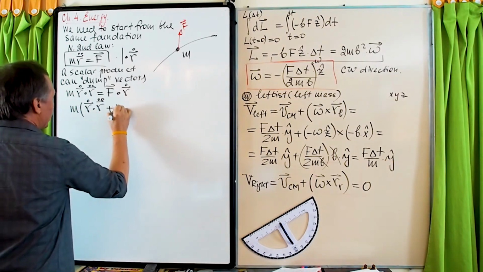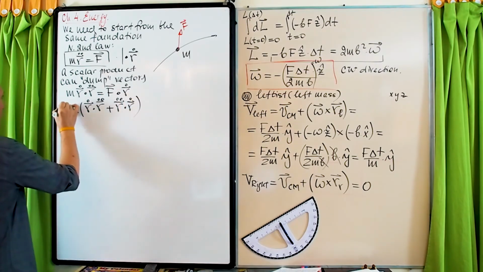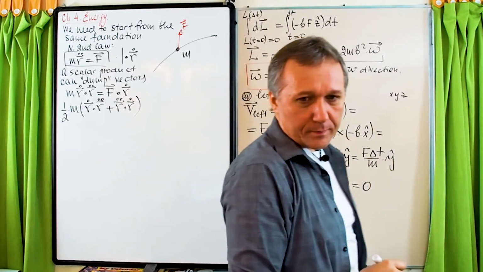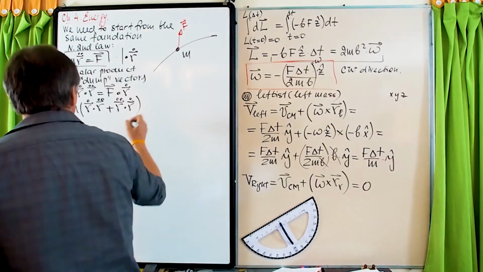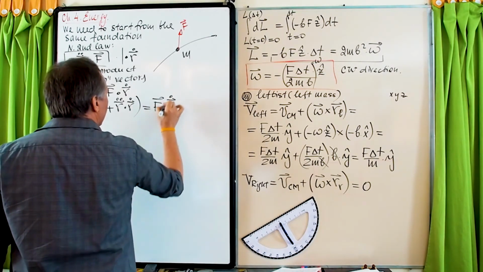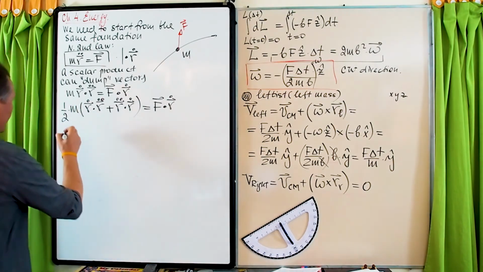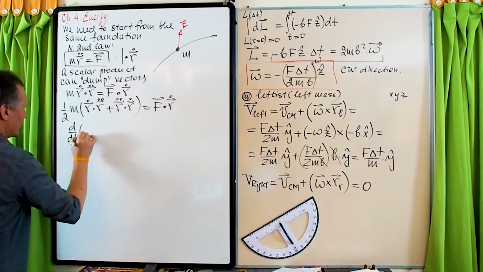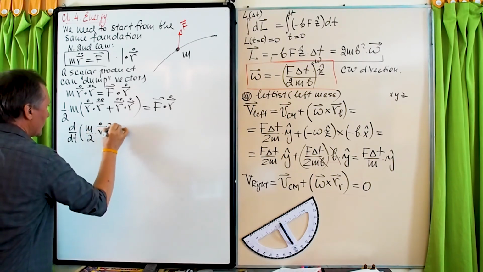Then I will add exactly the same thing: r double dot dot r dot, right? And so that I can avoid your screaming, I will put 1/2. So it's exactly the same, and equals f dot r dot. And of course, now this can be written as d over dt of m over 2 r dot squared.